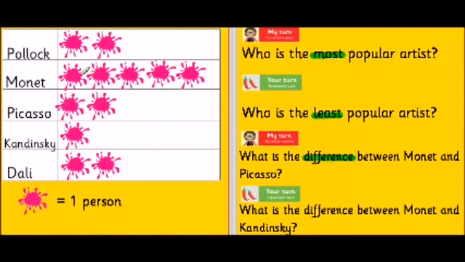So up to a point again, they are the same. And then there are more people who like Monet. Okay, so if we draw a line again, we can see the bits where they're the same. So one person, and then anything after that line is the difference. And we can see that 4 more people like Monet. So what's the difference between them? 4.